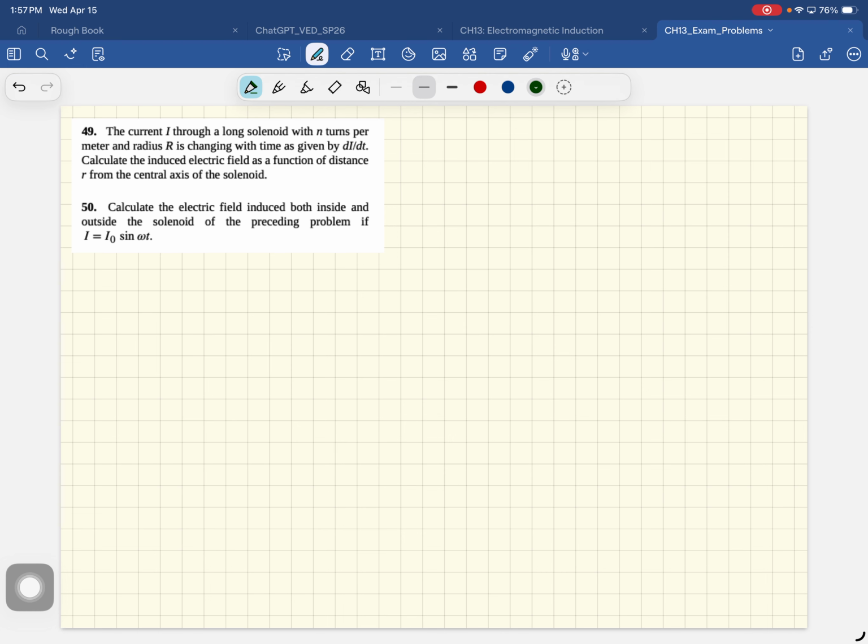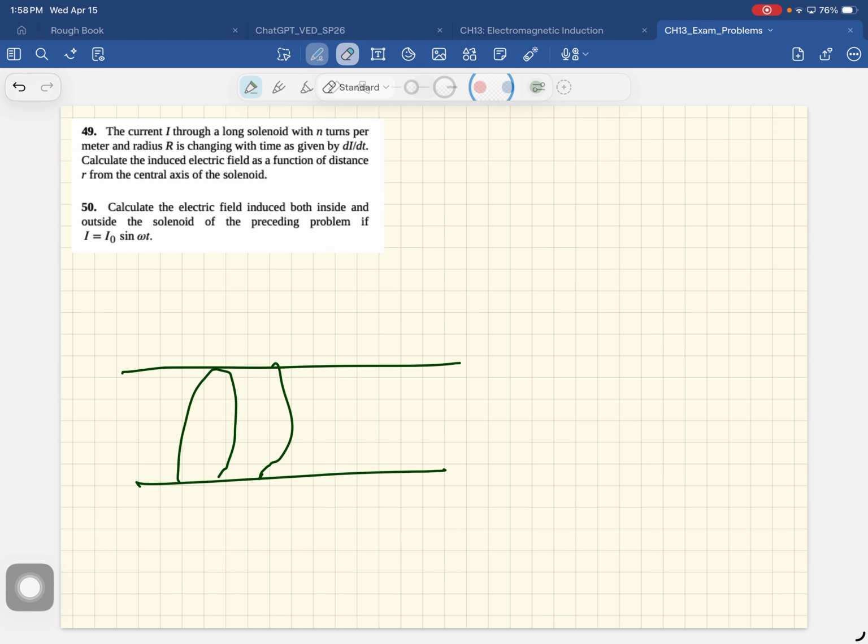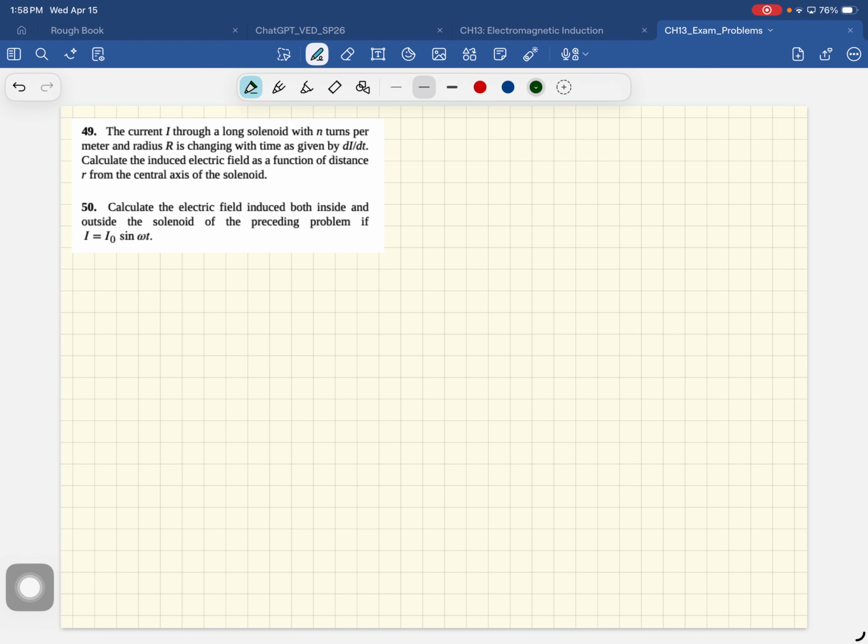For r less than R, E times 2 pi r is equal to d by dt, and we're just calculating the magnitude. The flux through this thing is the magnetic field times the area. Magnetic field times pi r squared. And the magnetic field is given by this.